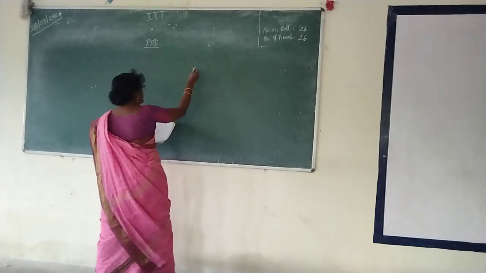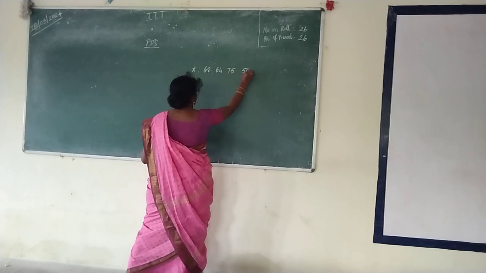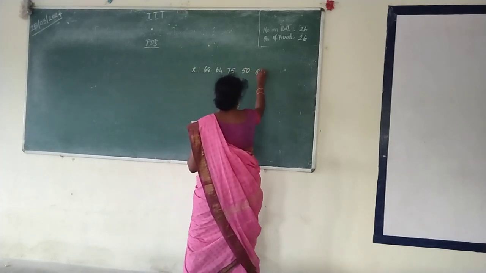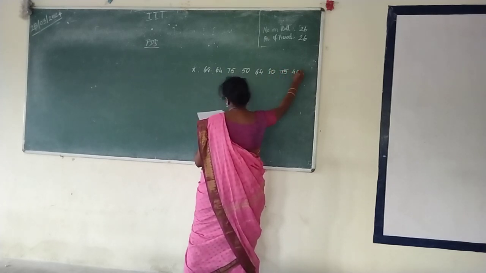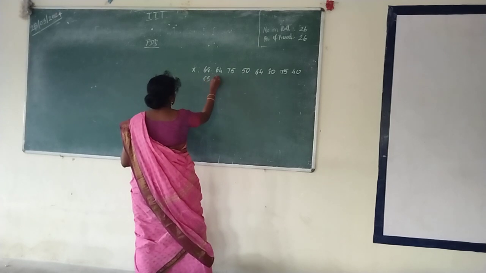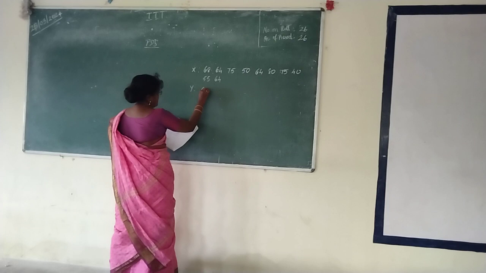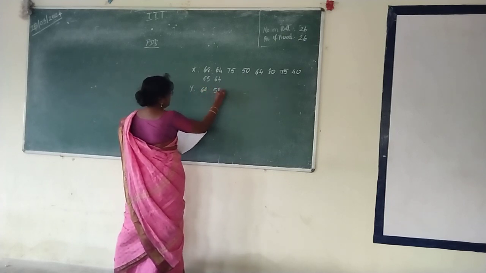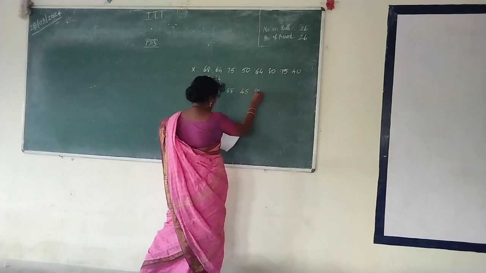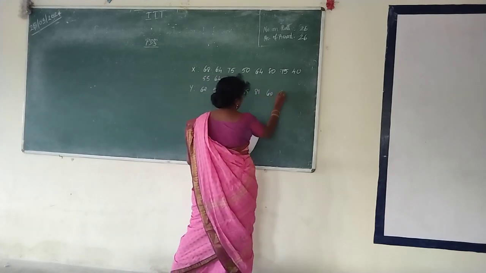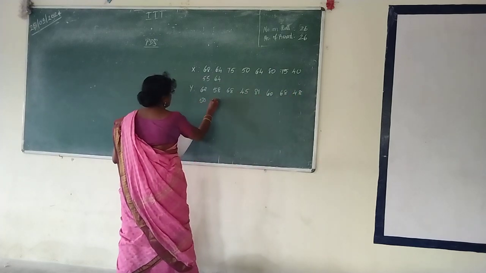X values: 68, 64, 75, 50, 64, 80, 75, 40, 55, 64. Y values: 62, 58, 68, 45, 81, 60, 68, 48, 50, 70.